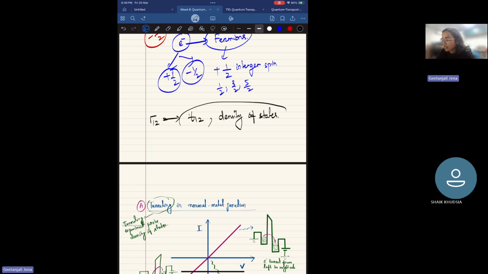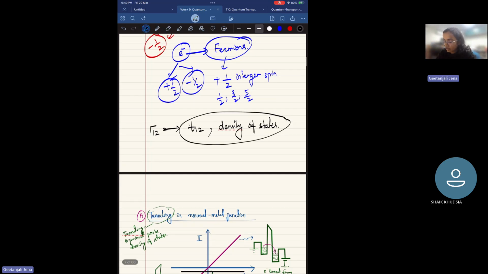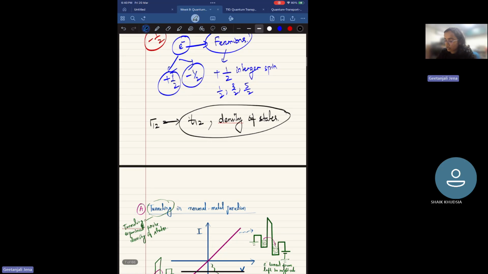If you recall, there was a formula given for this. So this tunneling rate depends on both the transmission coefficient and the density of states. And also, if you want to calculate the current, then we have to multiply the charge with the tunneling rate.